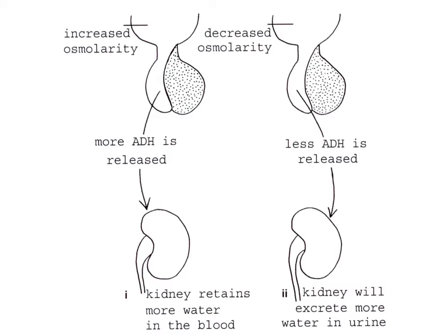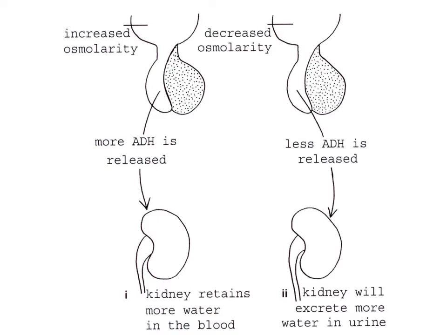So less water in the blood means that the pituitary gland will secrete more antidiuretic hormone. And the more antidiuretic hormone, the more the kidneys will retain water.